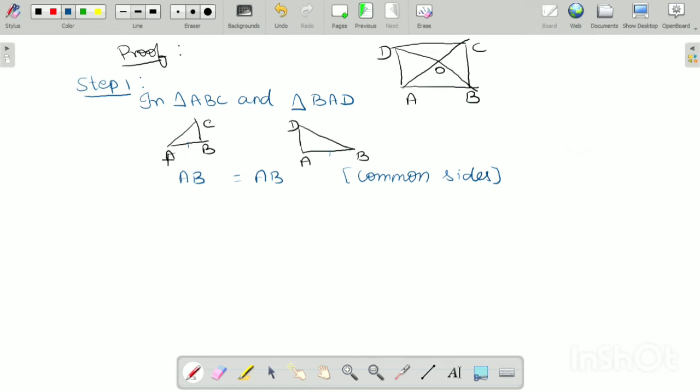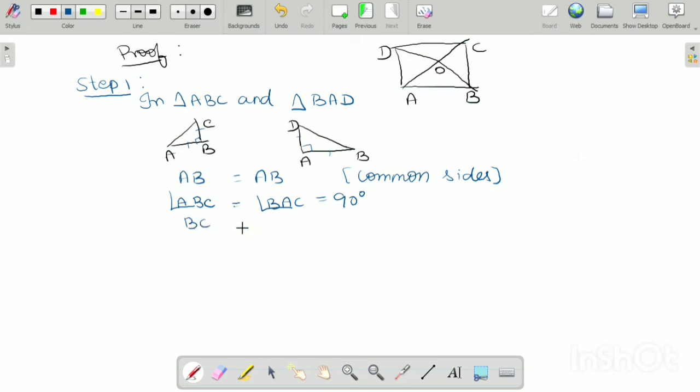Next, angle ABC, which is equal to angle BAD, which is equal to 90 degree. That is, in a square we know already all the angles are 90 degree. And here BC and AD are the sides of the square.